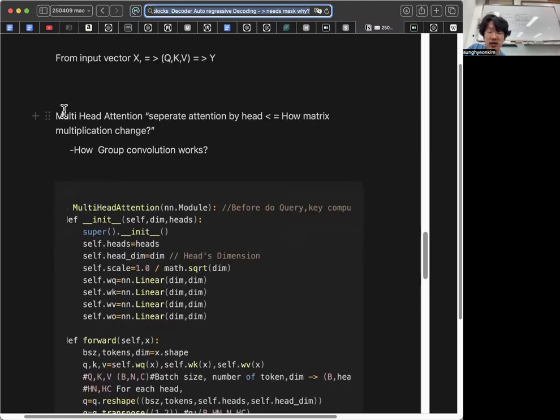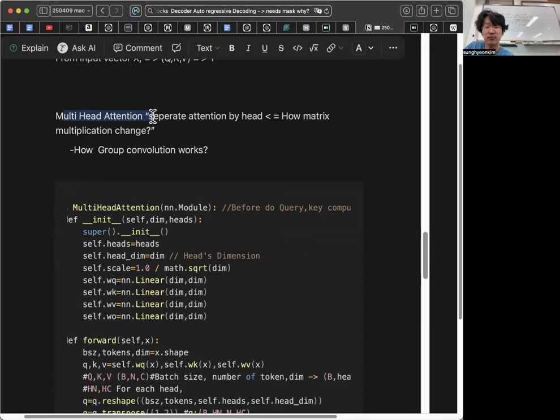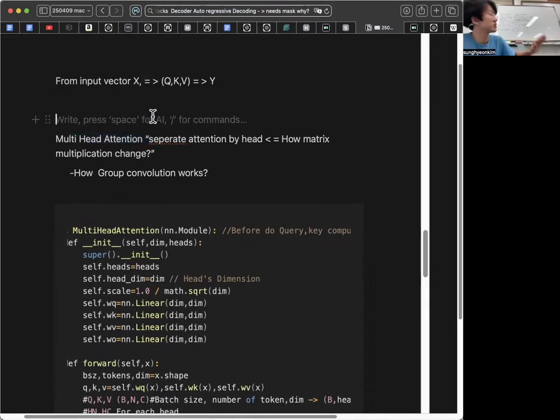Okay, so multi-head attention. What we do is, there were 3 dimensions, B, T, and C, where C is channel.